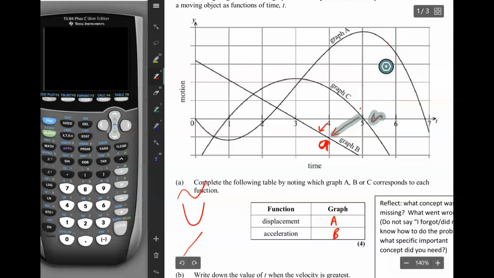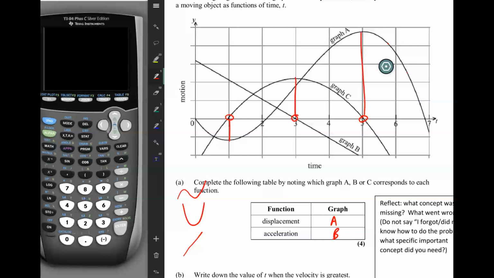Let's look at it from the point of view of the 0 points. Okay, so let's look at the 0 points here. The 0 point of the straight line is there. The 0 points of the quadratics are here and here. Now, if you look at the 0 points, they kind of correspond to the maximums and minimums of other curves, right?